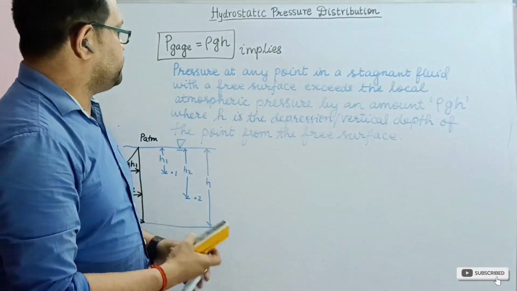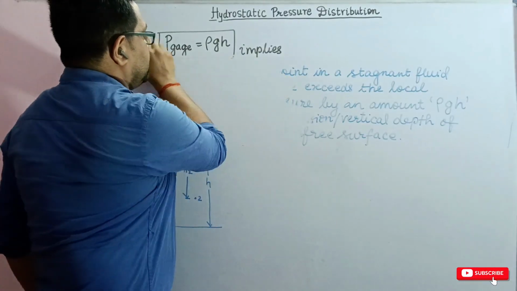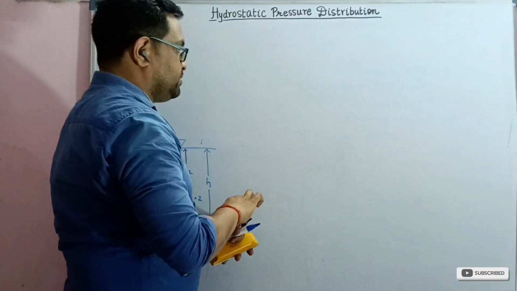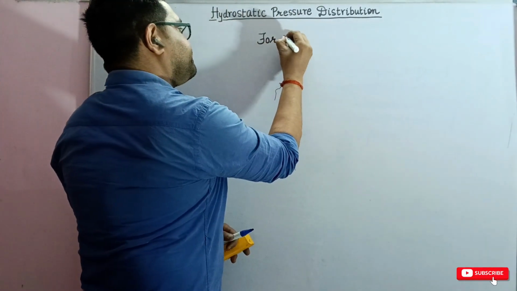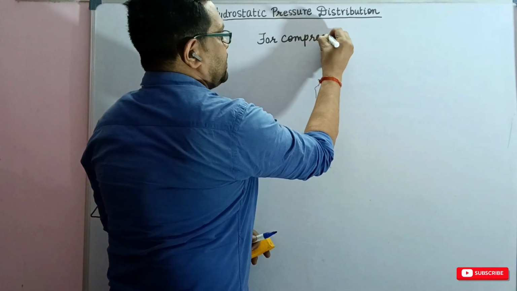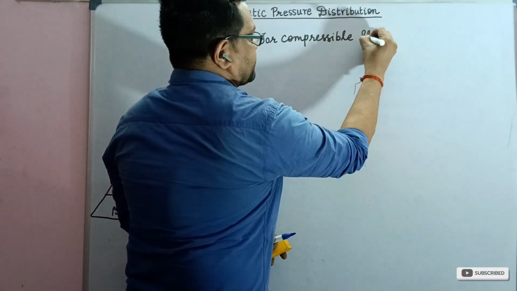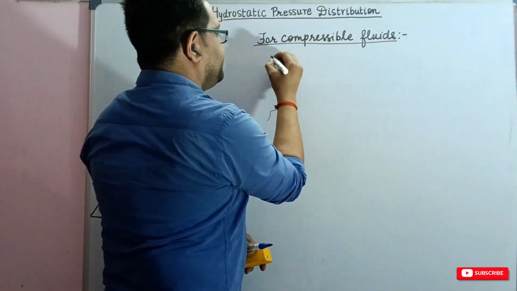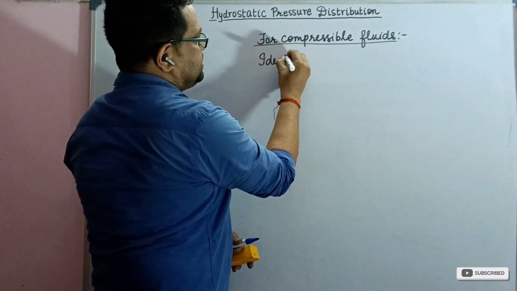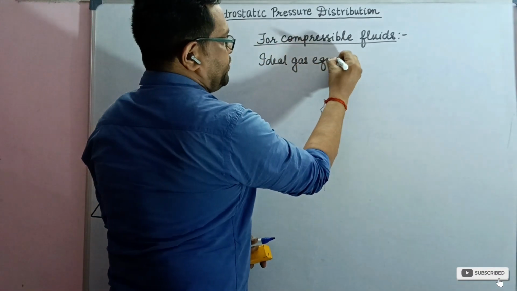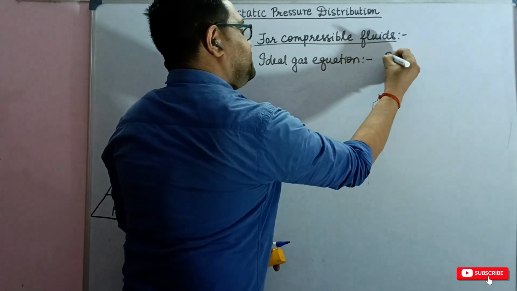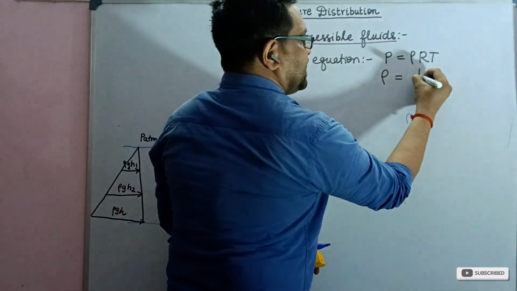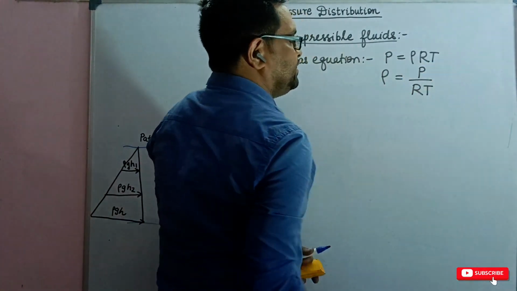So for compressible fluids, we take the perfect gas equation, or the ideal gas equation, P is equal to rho RT, and here density can be calculated as P upon RT.